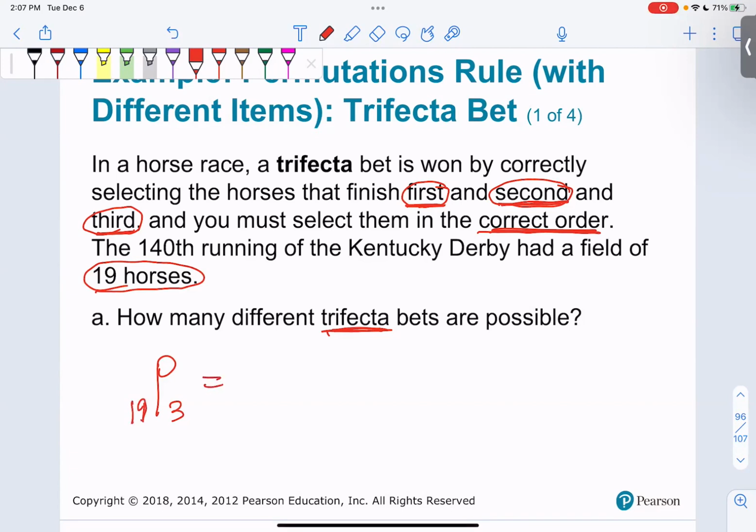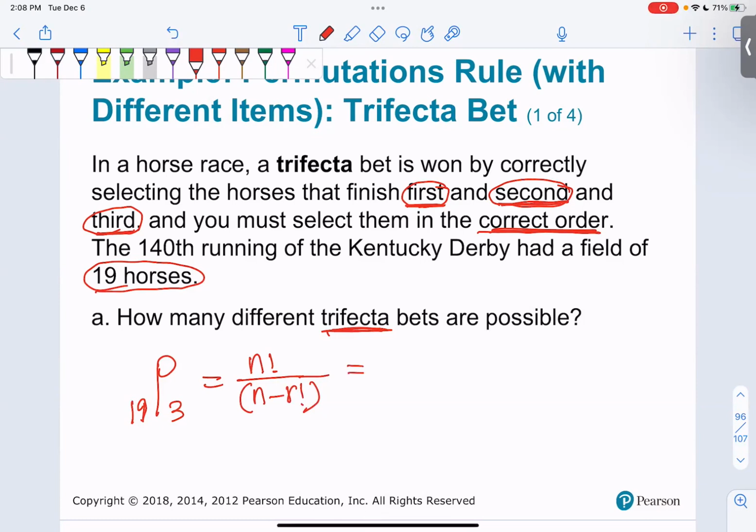So 19 in the race, and in how many different ways can we choose 3 of them to be the winners, first, second, and third? The order does matter, so it will be n factorial divided by n minus r factorial, right?